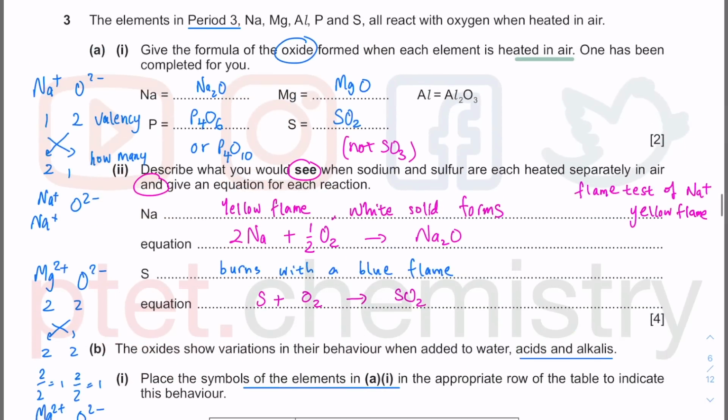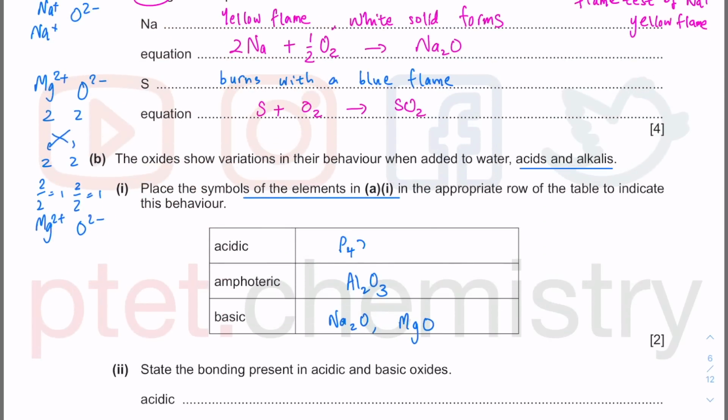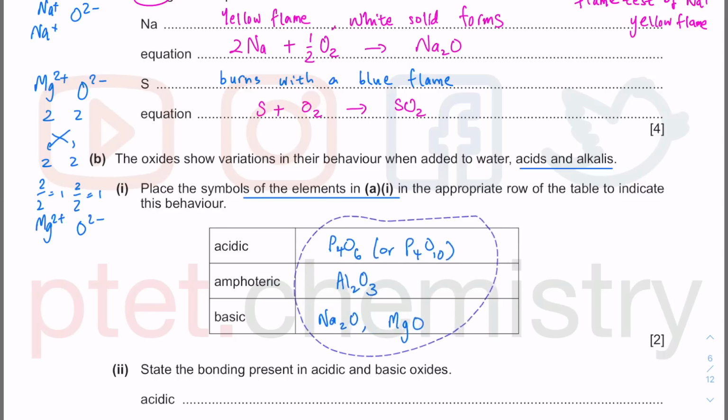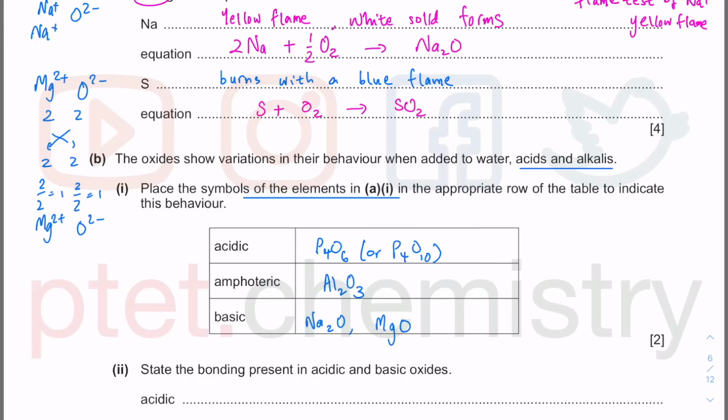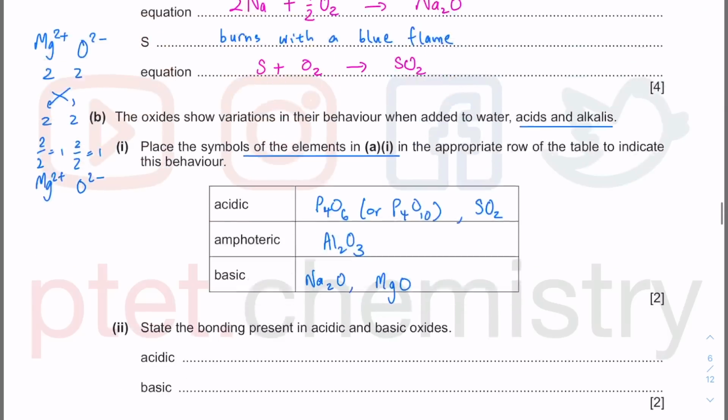Acidic oxides are the non-metal oxides: P4O6, P4O10, as well as SO2. Of course, SO3 is also acidic, but it was not from your list in part 1, so we cannot use SO3. Whether you put P4O6 or P4O10 depends on what you had written down here.